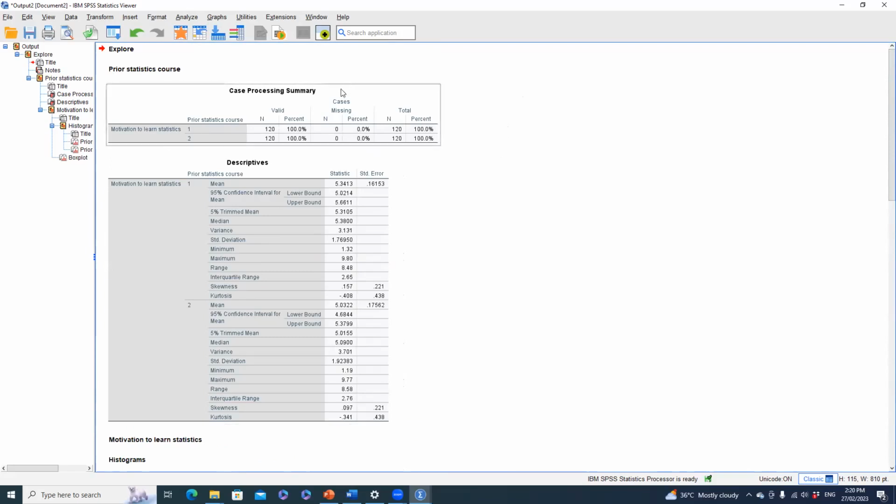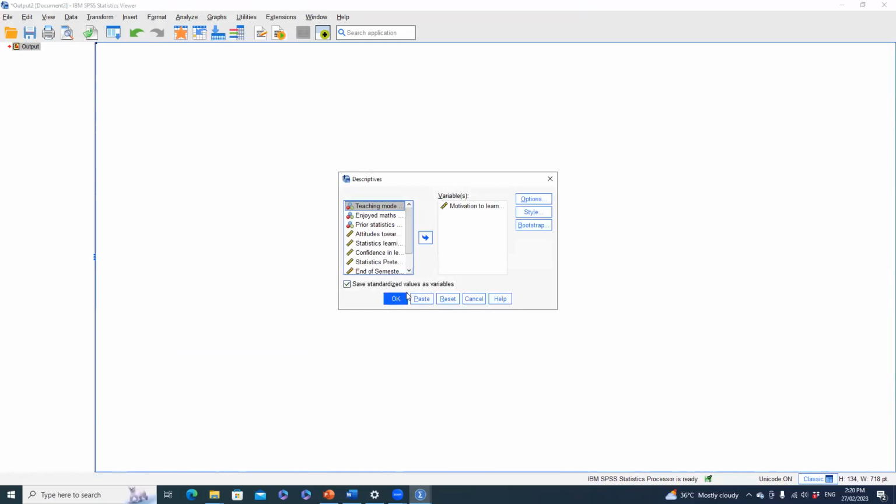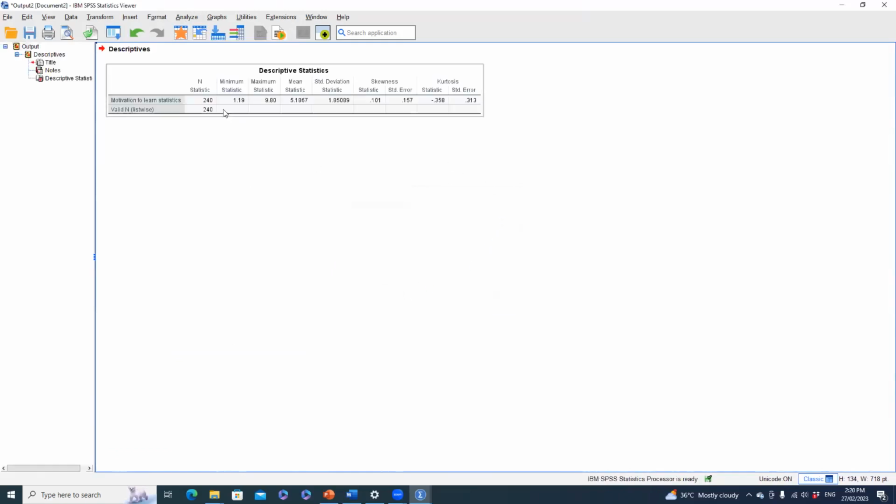So let's now get rid of all of this because we don't need things divided up to answer our assignment question. Let's go into Descriptives again, and generate that again. So in order to answer the question that I have posed to you for your assignment data, we have to look at the mean and compare that to the total range of the scores that we could actually get.